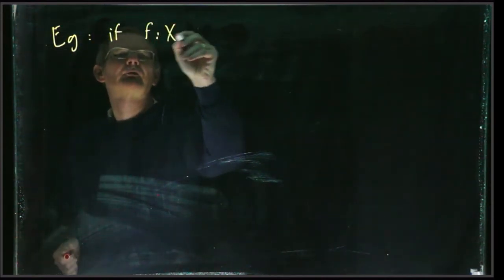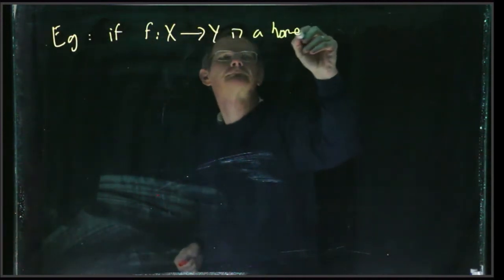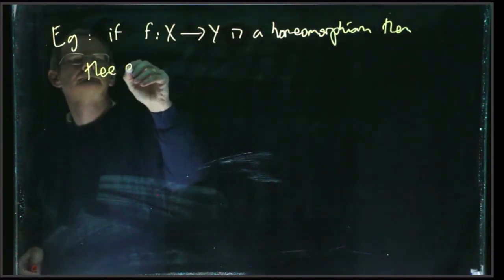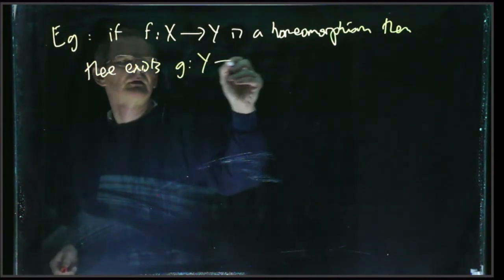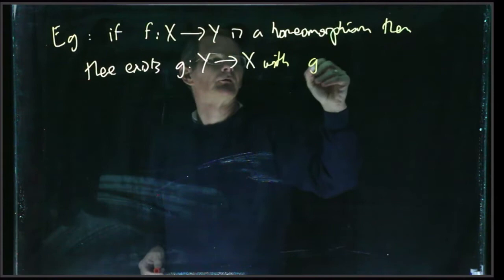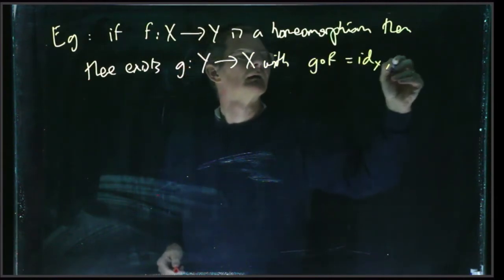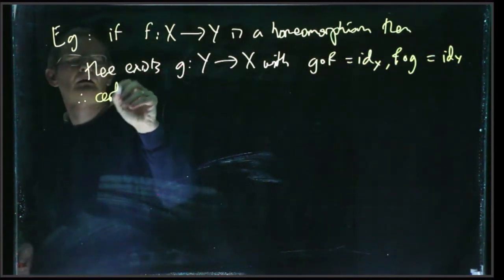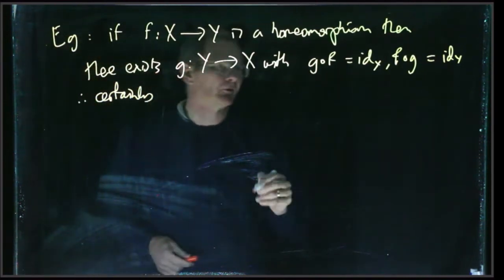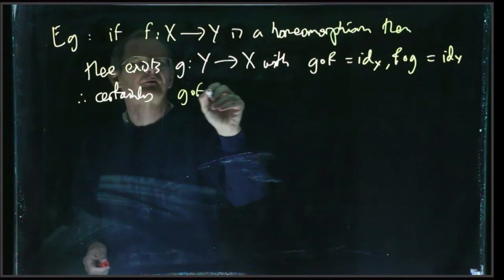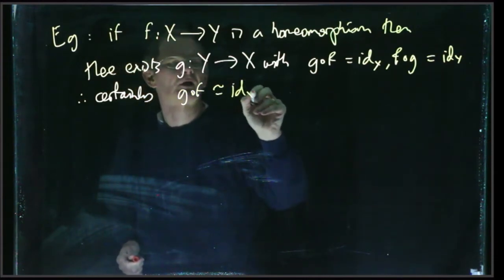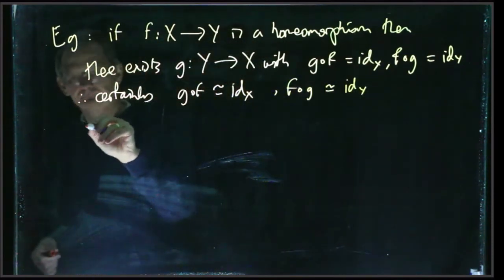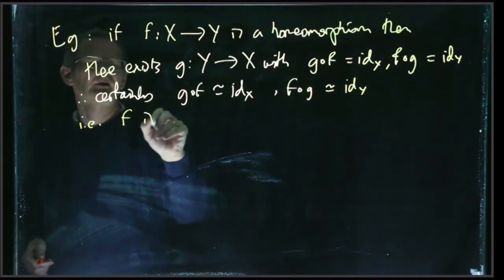If F from X to Y is a homeomorphism, then there exists G from Y to X with G composed with F just equal to the identity, and F composed with G equal to the identity on Y. So that's what it means to be a homeomorphism, and then certainly G composed with F, if it's equal to the identity, is certainly homotopic to it. So F is a homotopy equivalence.